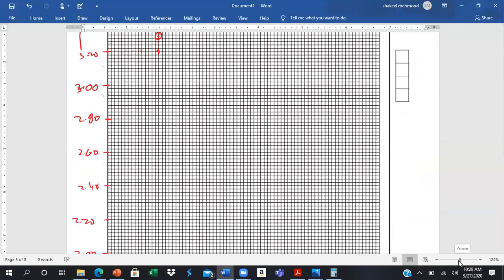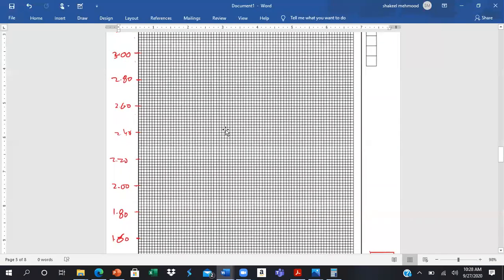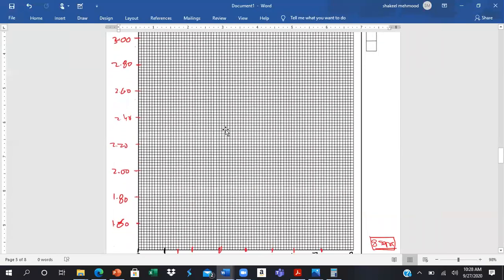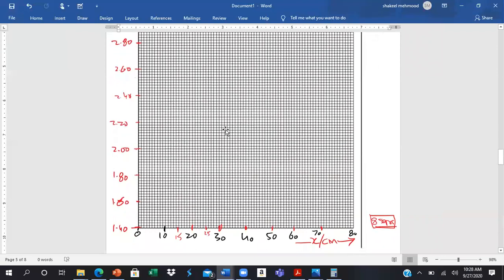Okay, I just want to trace this 25 because over here the lines are very much congested.